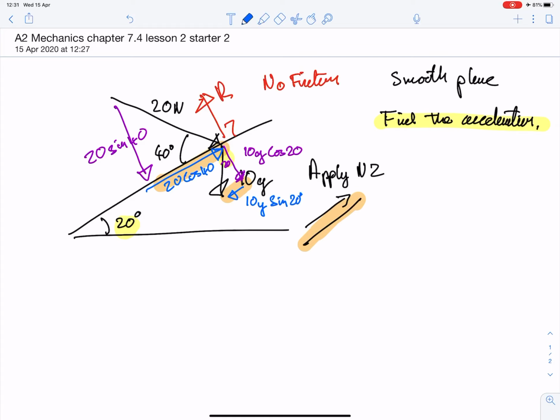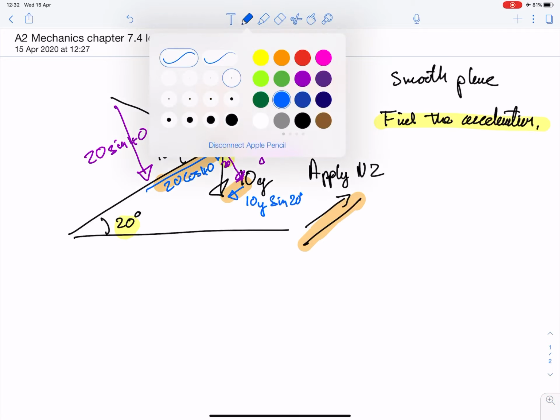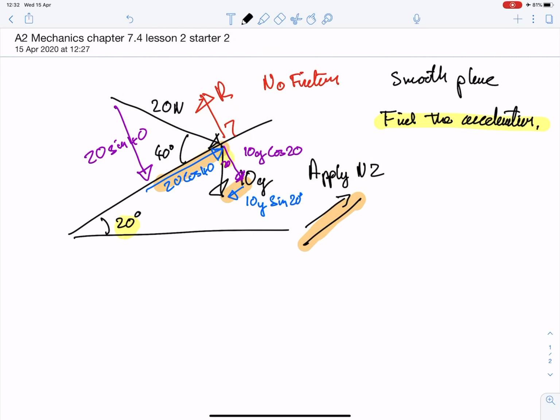So if we're working up, we've got 20 cos 40 minus 10g sin 20 is equal to the mass, which was 10, times A. So A is equal to, divide through by 10, 2 cos 40 minus g sin 20.